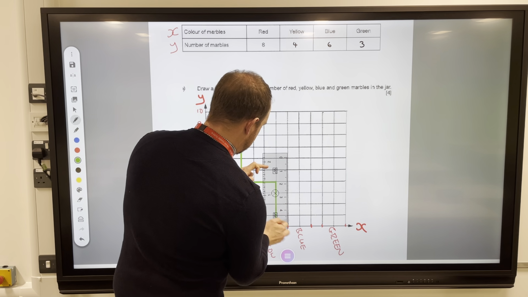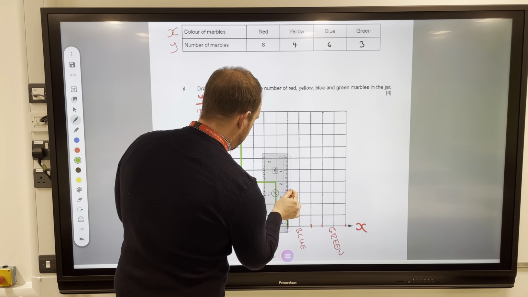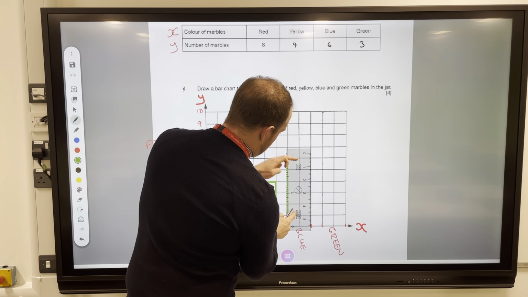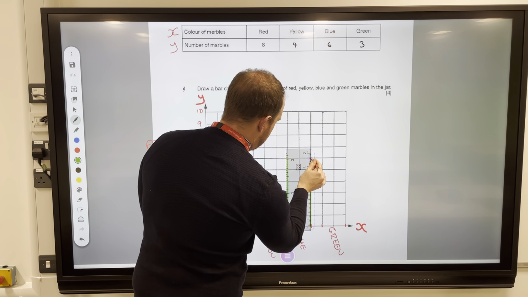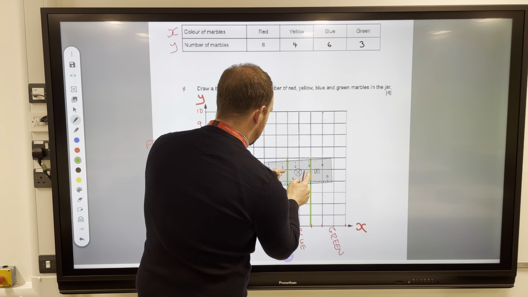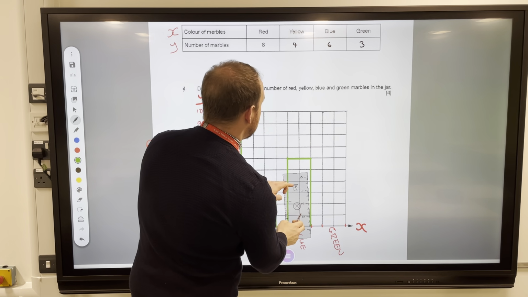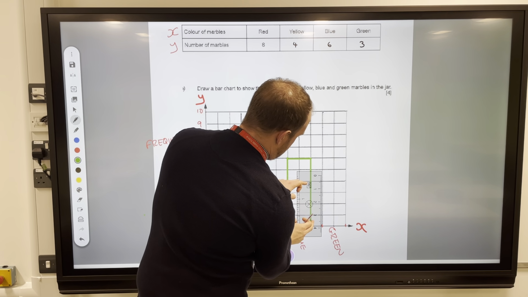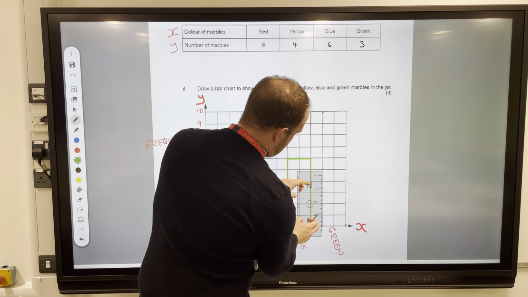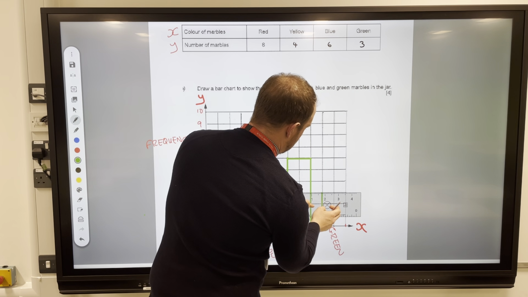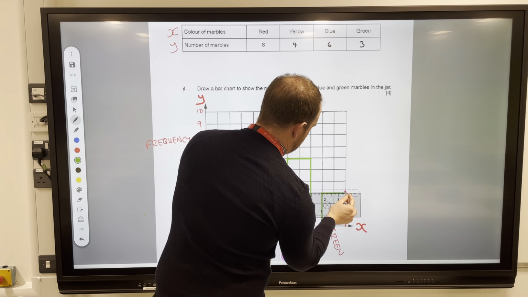Up to 6. 1, 2, 3, 4, 5, 6 on the line. Same here. And then across the top. Again, the gap, and then 3 greens. 1, 2, 3, across the top, and then down the other side.